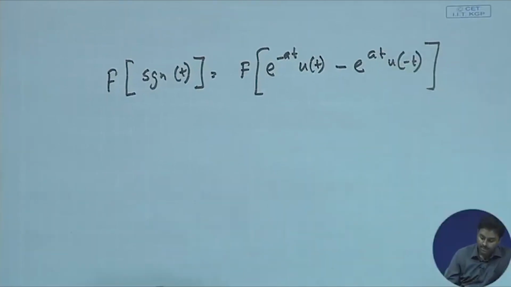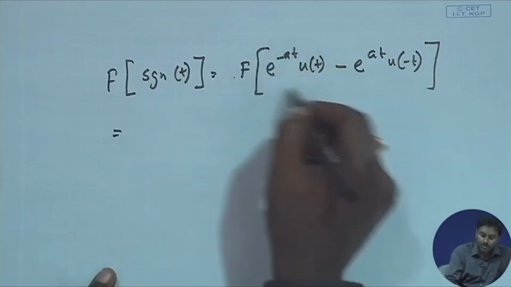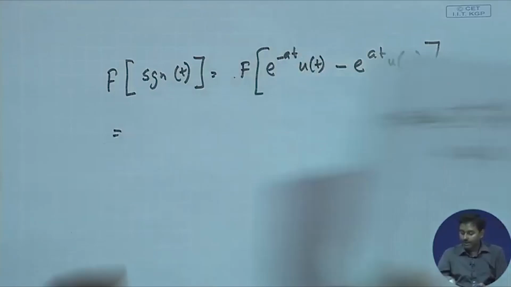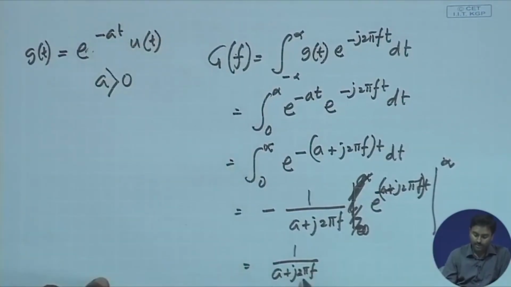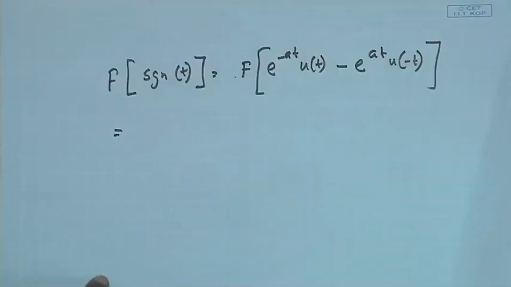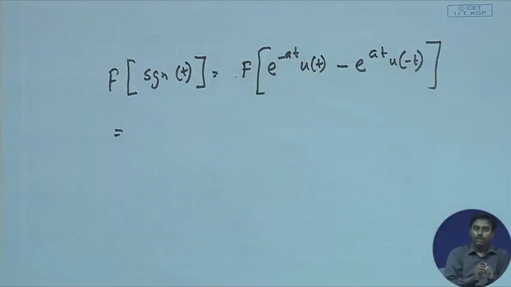This is our Fourier transform. Now, the Fourier transform of e to the power minus a t u t we have already derived: it is 1 by a plus j 2 pi f. And if a function is a linear combination, the Fourier transform just gets distributed.